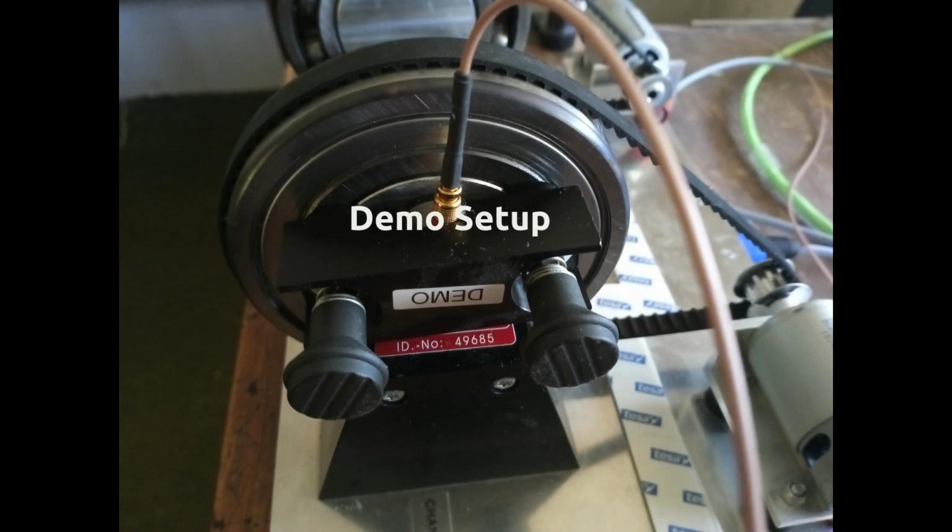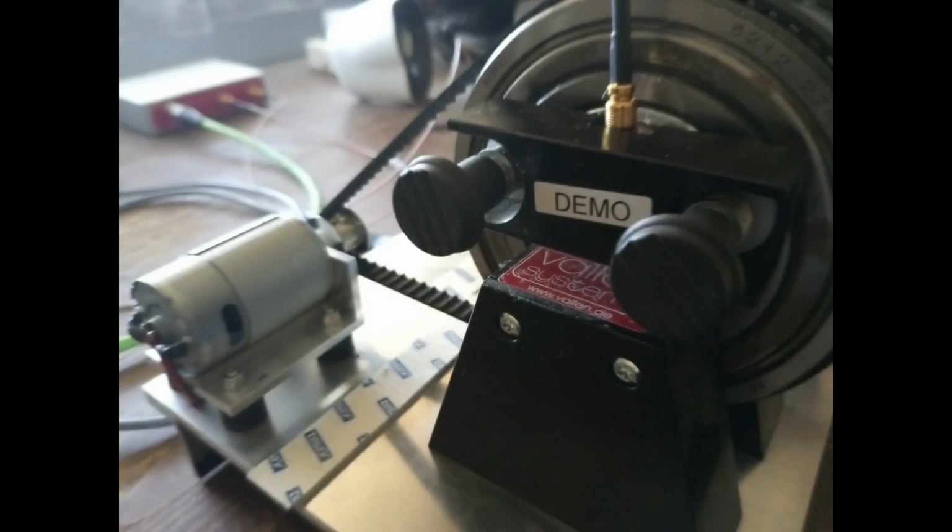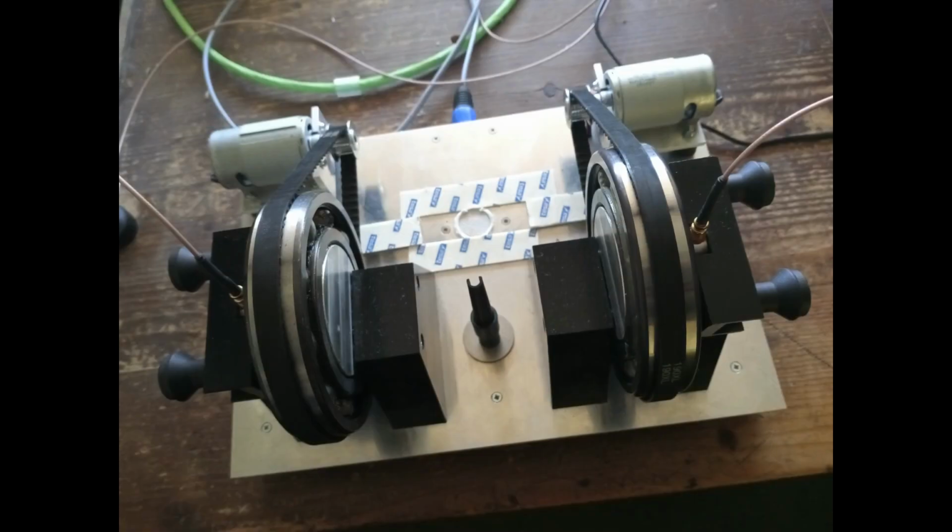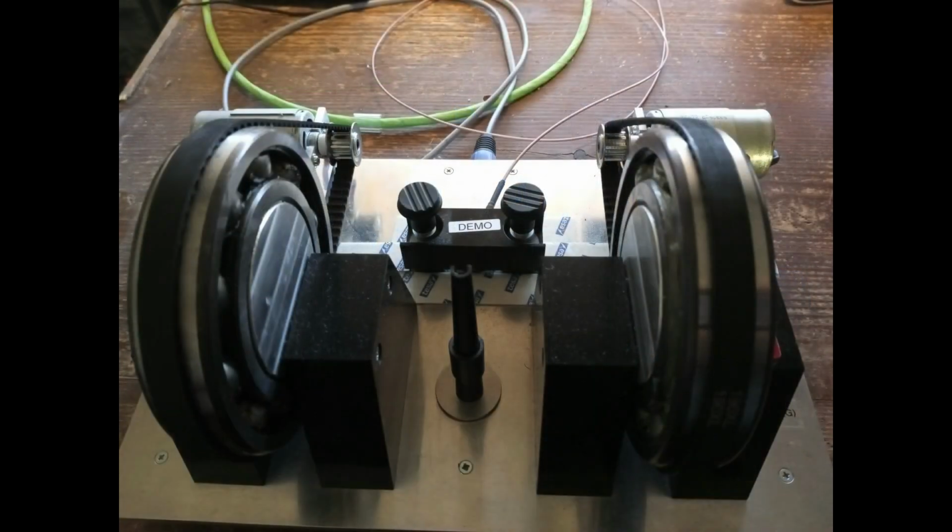Our demo setup consists of two bearings powered by electrical motors. The original idea was to use two sensors. But actually, one sensor is already sufficient.